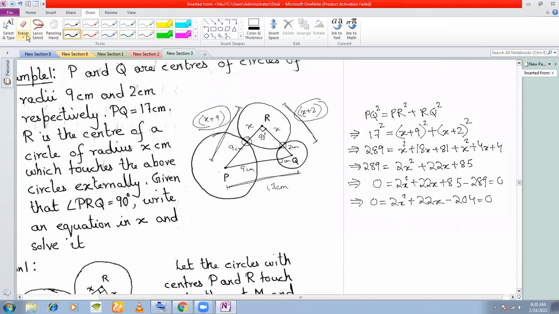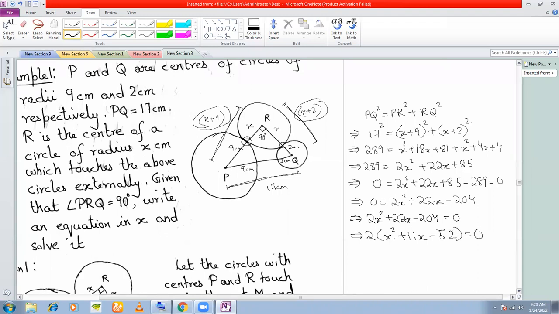So what you see is that you are getting here a quadratic in x. You get 2x square plus 22x minus 204 is equal to 0. You can take the factor 2 common to get x square plus 11x minus 52 is equal to 0.